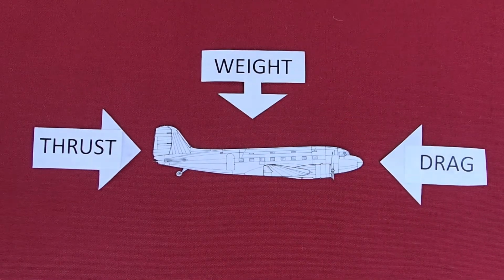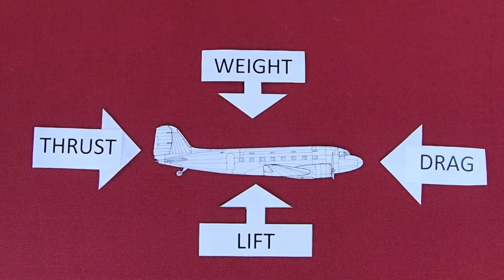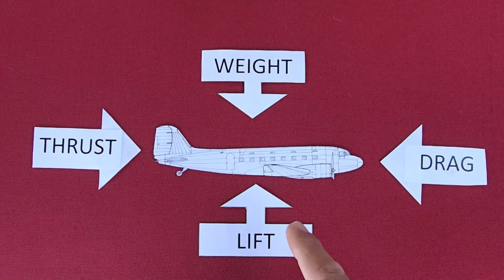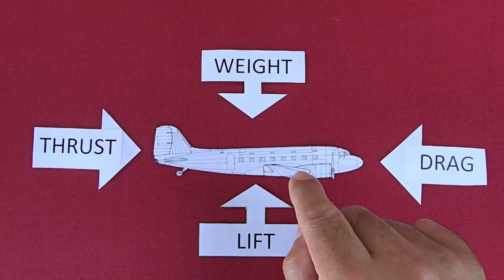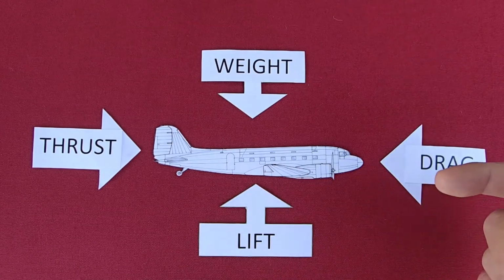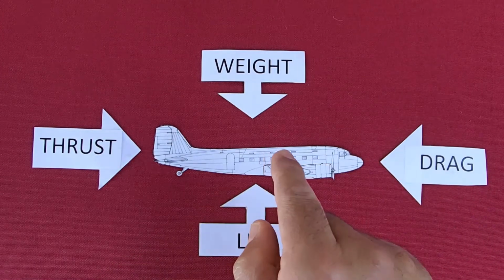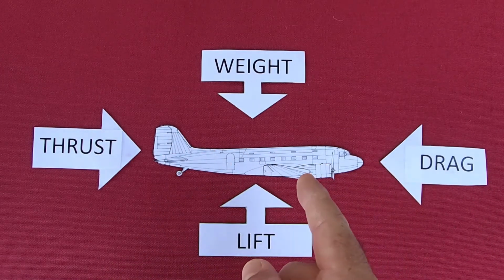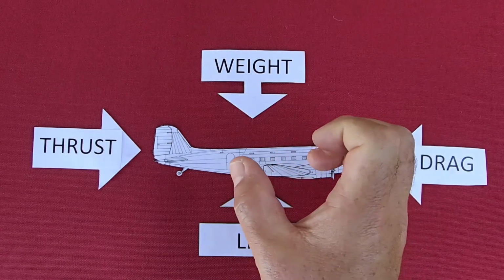Now weight. Weight is counteracted by lift. Lift, like I said in the beginning of the video, is created by the wings pushing a certain mass of air downwards. As long as the plane is moving forward, the wings will divert a mass of air downwards.